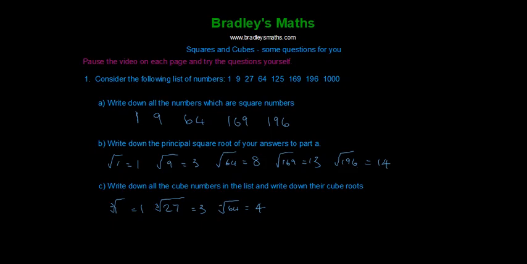Missed the cube out there. 125 is a cube number, and the cube root of 125 is 5. And 1000 is a cube number. It's a cube number, and the cube root of 1000 is 10.